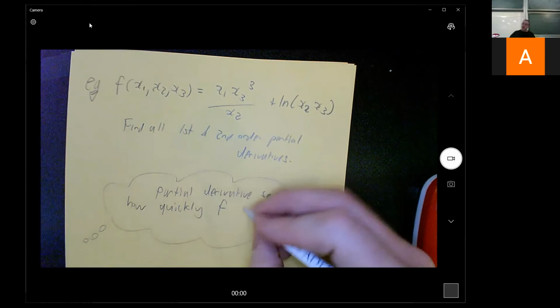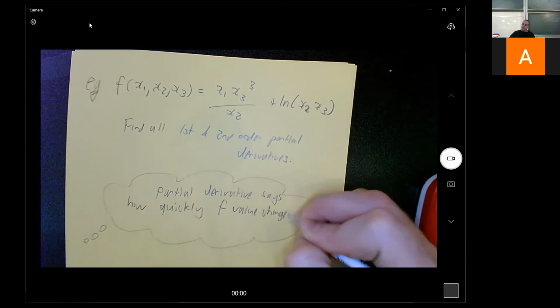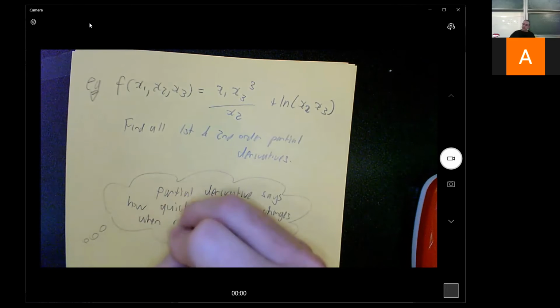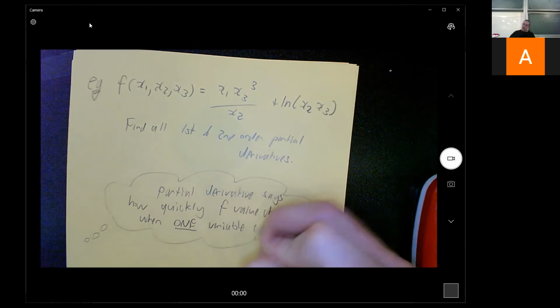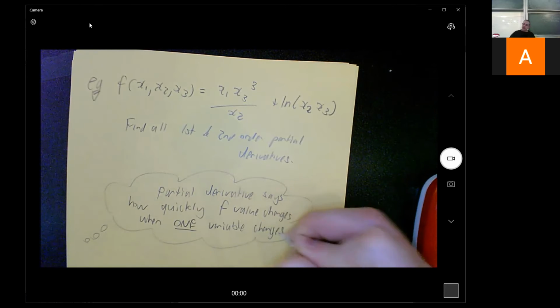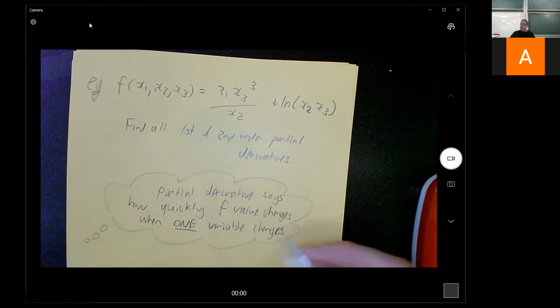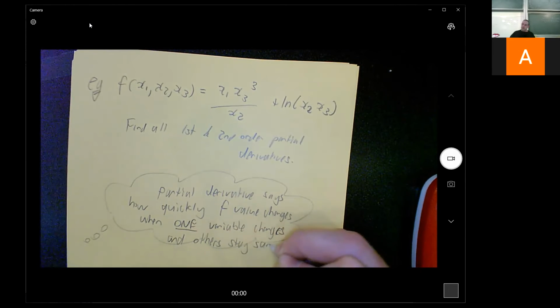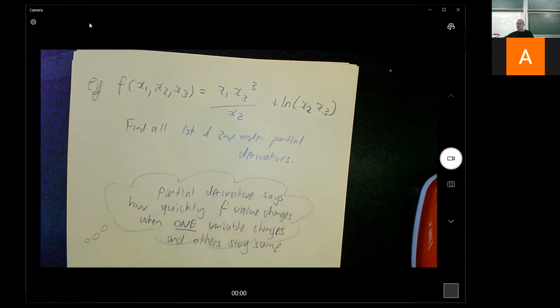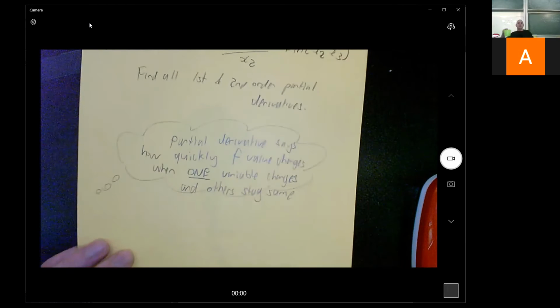How quickly a function value changes when one variable changes at a time and the others stay the same. That's what partial derivatives are for. And so that tells you how to do them as well.